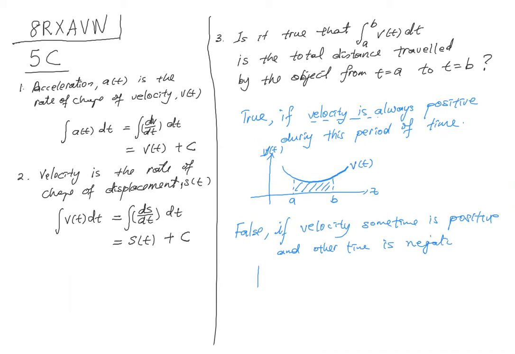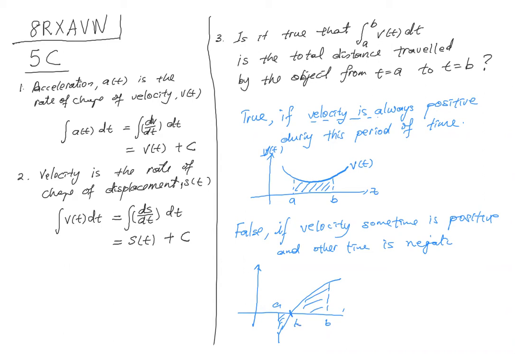So that means you have a situation like that. Maybe, correct? This is your a and this is your b, and here there is a k.